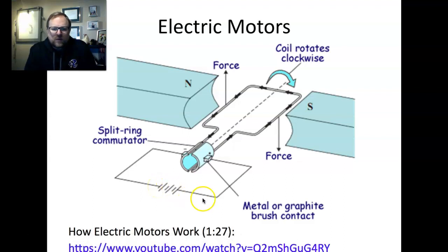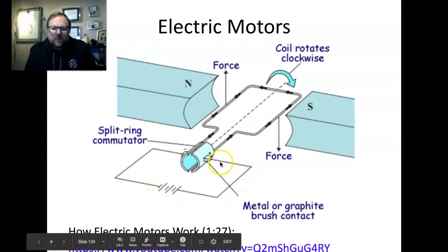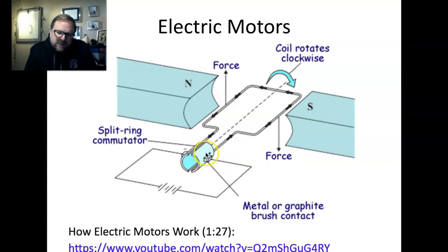Electricity is going to flow out of the power source and hit this brush, which is just a contact between the commutator and the brush. When the commutator is oriented like this, the circuit is complete and electrons flow through the coil and back this direction.